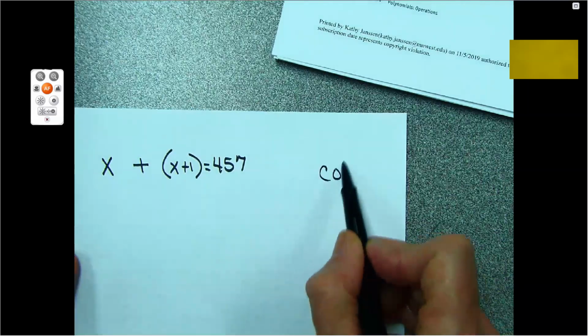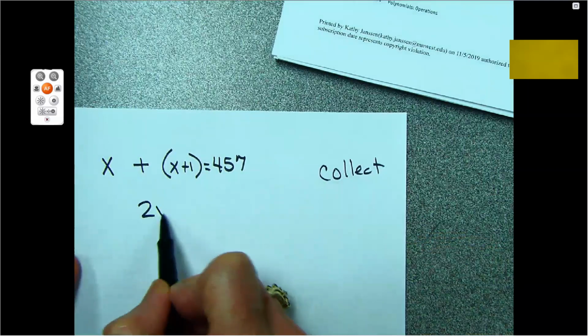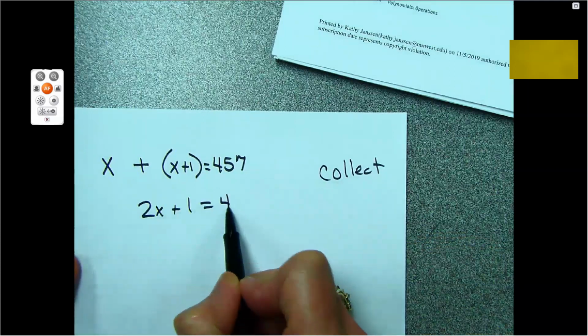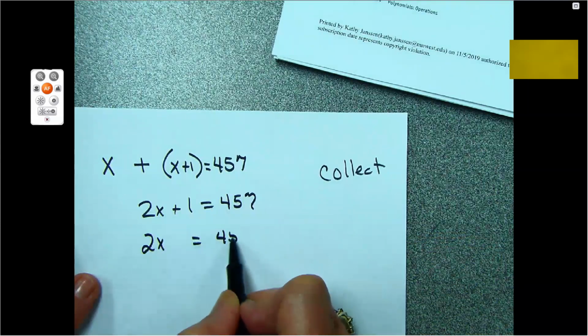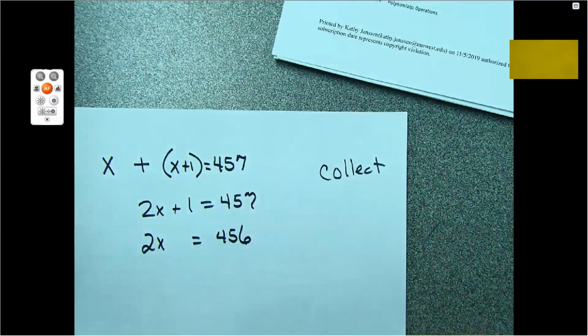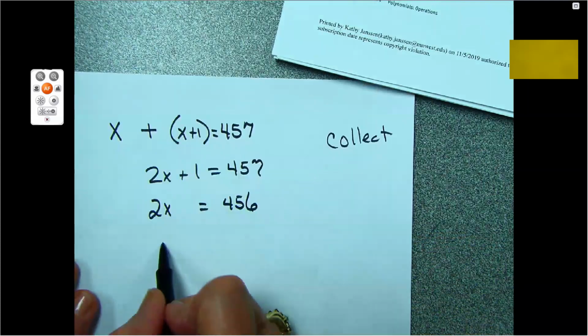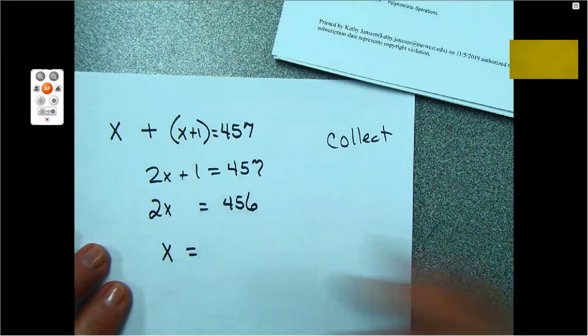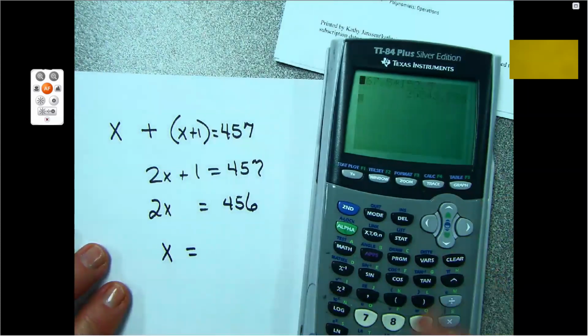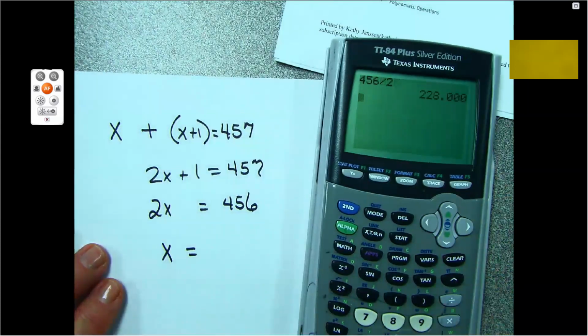Let's see, collect like terms, that's 2x plus 1 equals 457. 2x equals 456, subtracting 1 from both sides. I'm solving for x, not 2x, so I'm going to divide both sides by 2. 456 divided by 2 is 228.